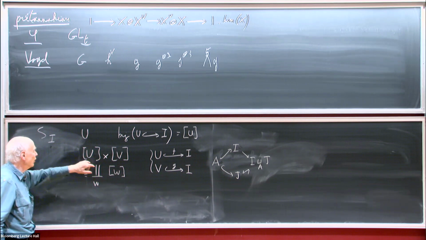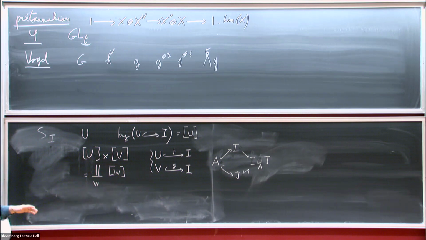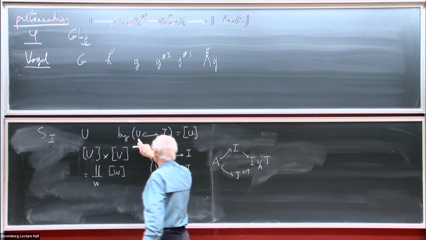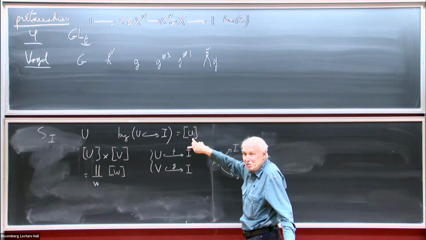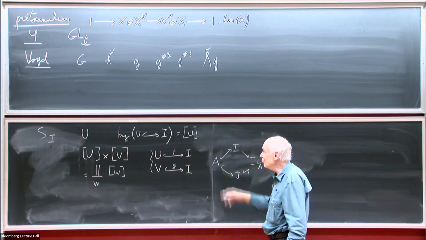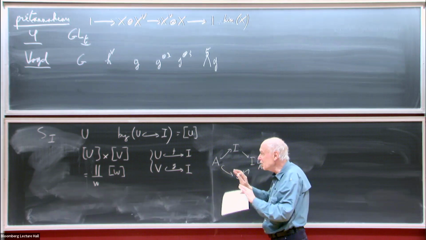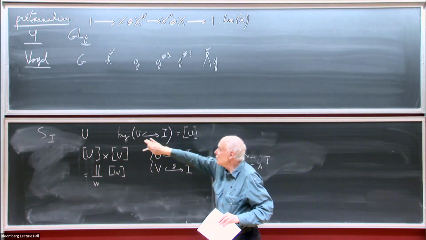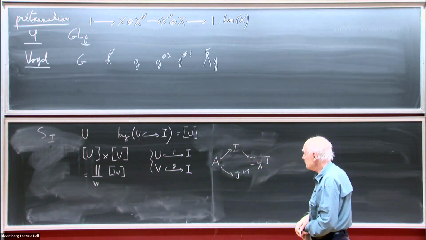We have something similar if you look not at the product, but at the fiber product. And of course, if U is too big, then what you get is empty. You will get no injections from U to I. So what I am telling here works fine as soon as I is big enough with respect to the U you are considering.